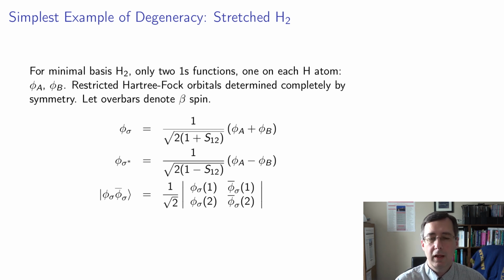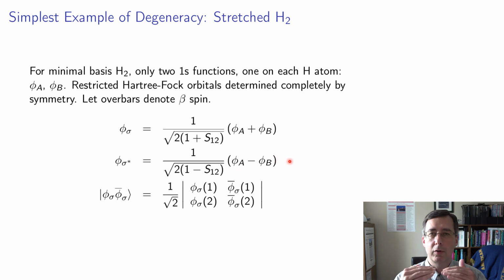So of course, if I combine those two orbitals in phase, I'll get a sigma bonding orbital, and the atomic orbitals are not orthogonal, so their overlap is S12, and that's going to go in the normalization factor. And then, of course, the other combination is the minus combination, and this one will be an anti-bonding orbital.